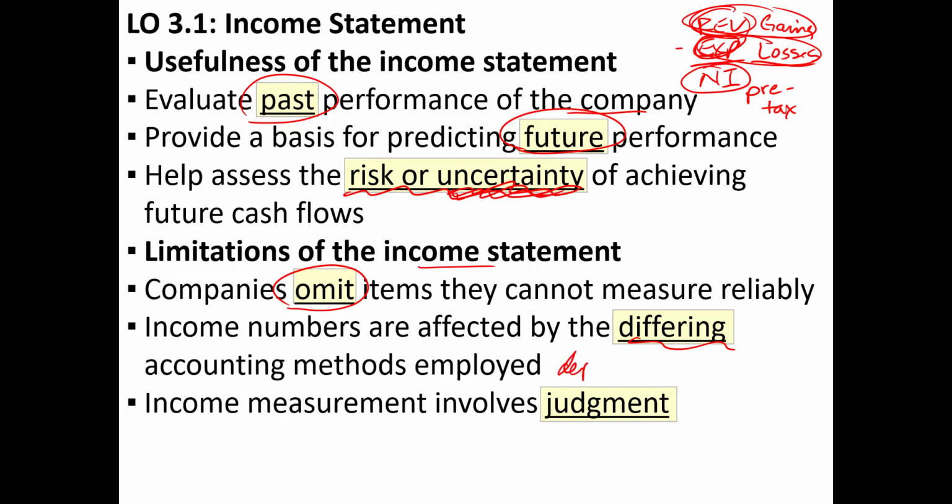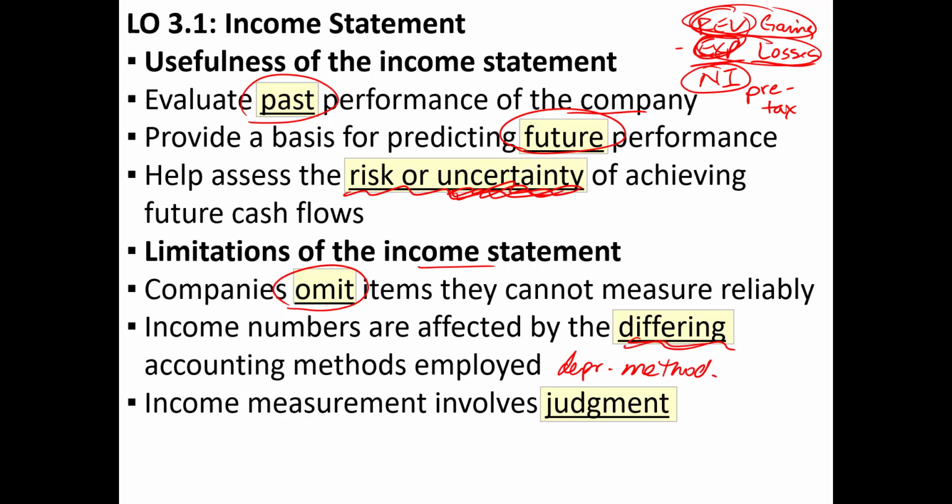Perhaps we use different depreciation methodologies. Or maybe in our estimates of the useful life of a long-term asset, we initially thought it was 10 years, but after a while we have to change it to be shorter than 10 years or longer than 10 years. Companies have a lot of discretion over certain accounting choices.